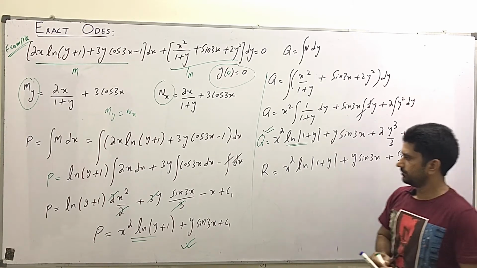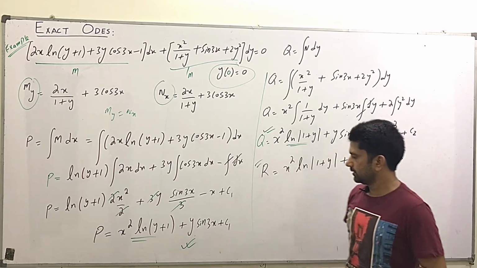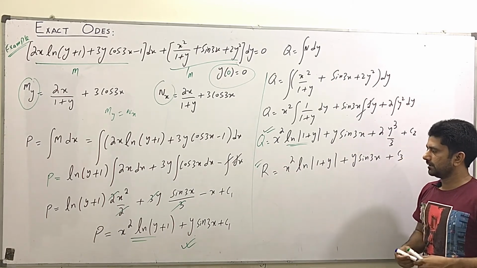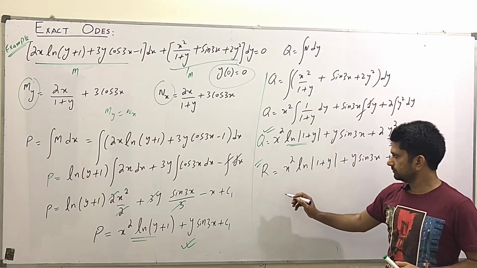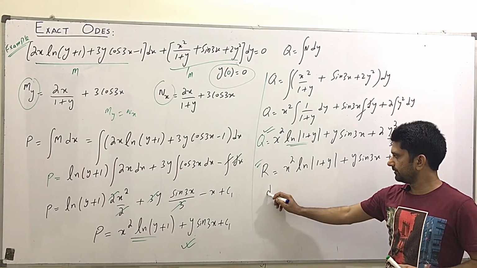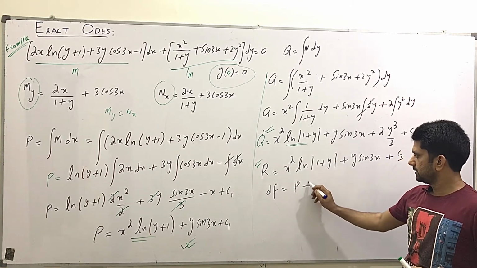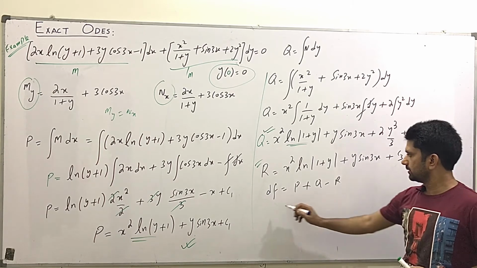We have done P, Q and R. Now we write down the solution. df equals P plus Q minus R.